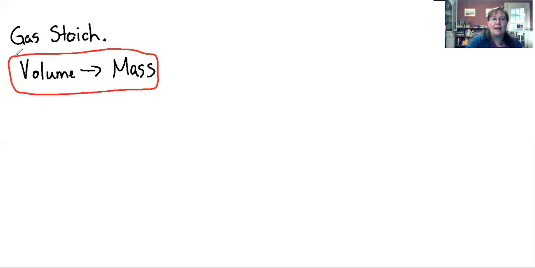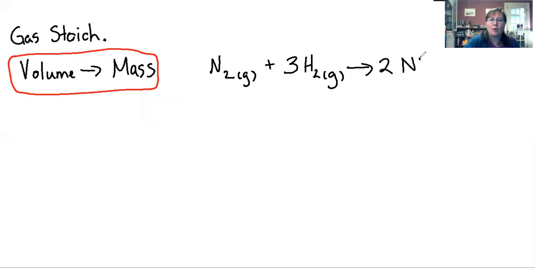So let's go ahead and take a look at an equation that goes with volume to mass. Here I have the Haber process, which is N2 plus 3H2, also a gas, yields 2 moles of ammonia, NH3, and again, a gas.